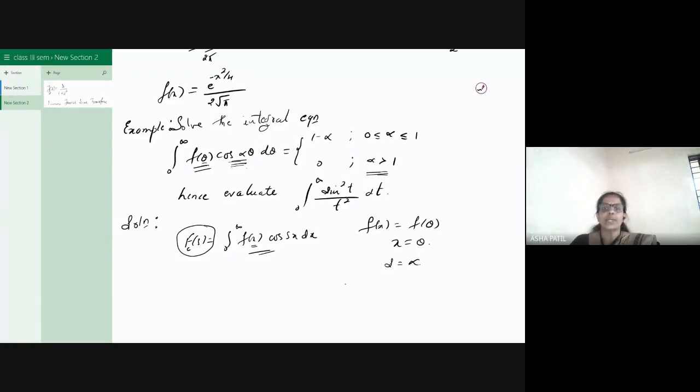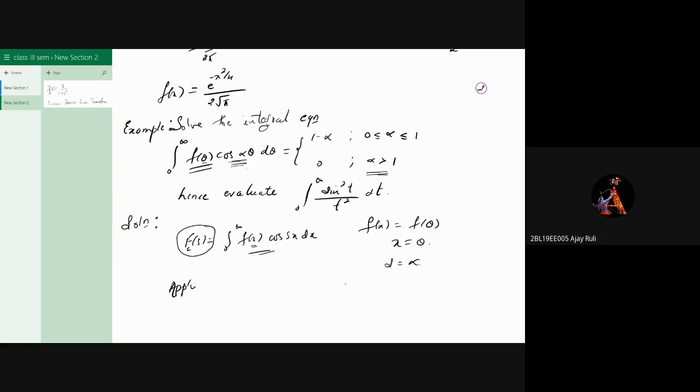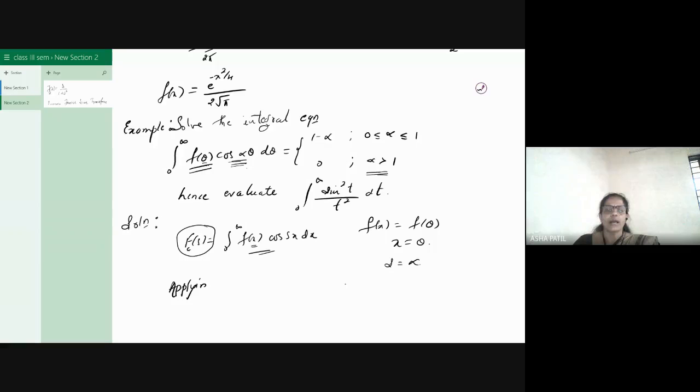Now solve the integral equation. Solve means you have to find f of theta. But for that, what will you apply? Inverse Fourier cosine transform. Yes. You have to go for applying the inverse Fourier cosine transform. What's the formula?